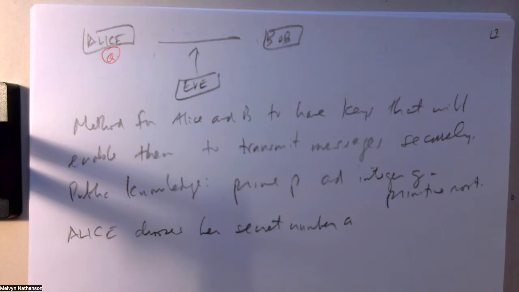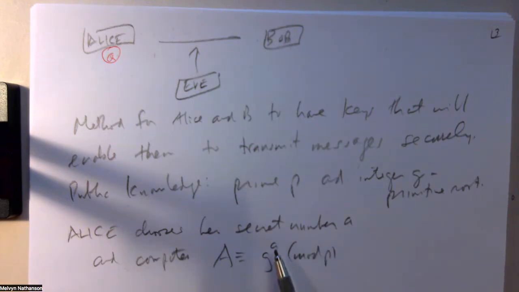But what she does is compute the number capital A, which is congruent to G to the power a mod P. So she takes G, everyone knows the primitive root G, everyone knows the prime. Alice takes G, raises it to the power a, reduces that mod P, and that's the number she calls capital A.